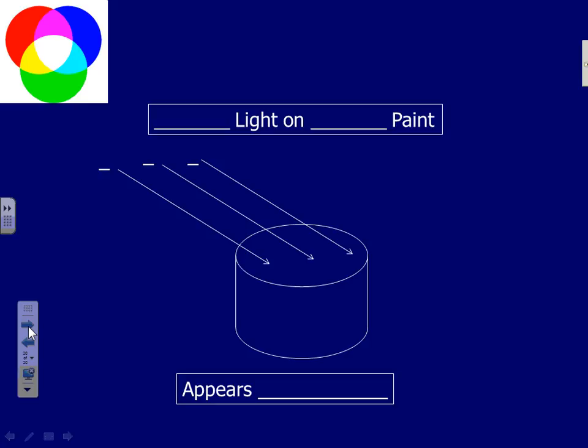Because if it were truly black, how should the screen look if I reflect any light on black? It should look black because I've taken all the light away, right? But that looks, well, that doesn't really look cyan, does it? It almost looks green like the chalkboard, doesn't it? So it doesn't look absolutely cyan.